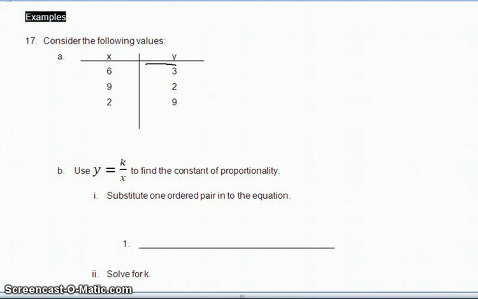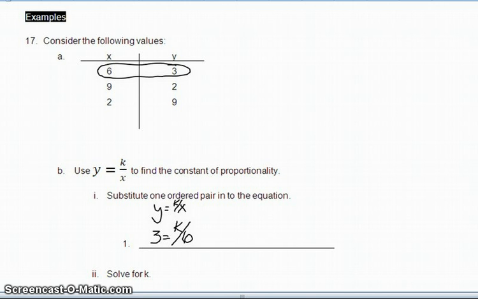So picking up and taking my ordered pair, the first step says to substitute one ordered pair into the equation. And remembering I have y equals k over x, substituting 3 in for y and 6 in for x, I'm going to have 3 equals k divided by 6. The next step says, solve for k. So I need to eliminate the 6 in my denominator.